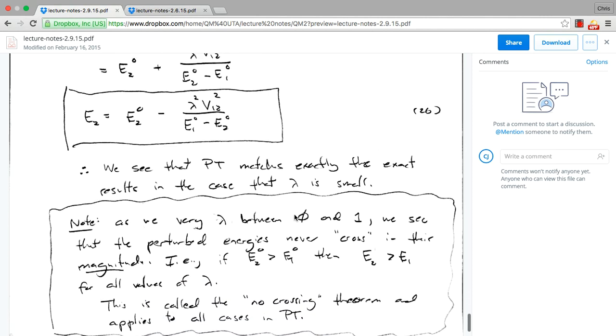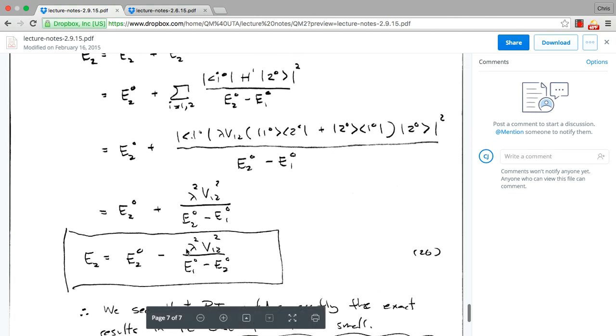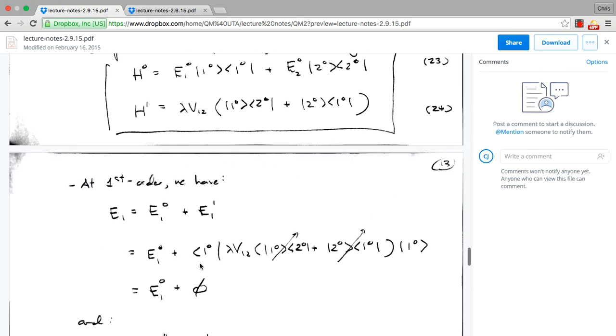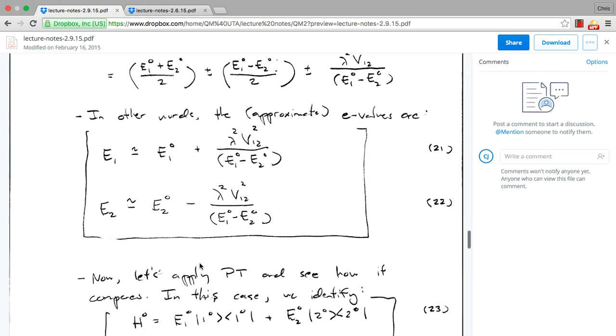And one of the things that you notice is that, let me go back here where I can get them both on the same screen. So let's look at the energy eigenvalues here, and you can see that what happens is that E1 gets pushed up. Let's assume E1 is greater than E2.